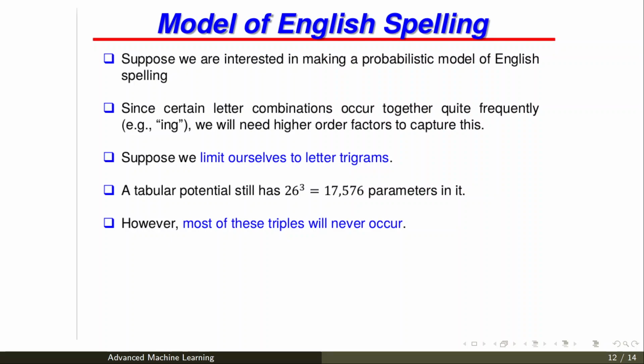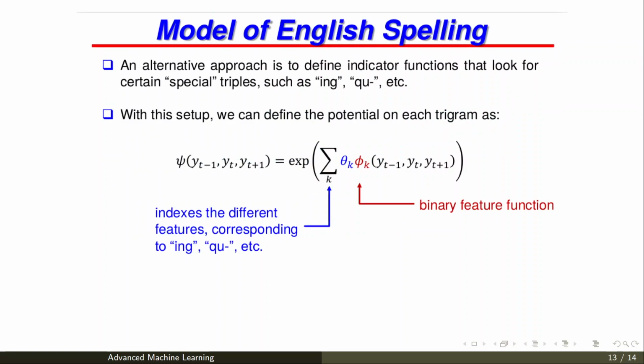Here is an example of English spelling. If you look at a document, and you create a probabilistic model of English spelling, it could be an indicator function over three words. Here you can see that t is the index, for three words: t minus 1, t and t plus 1.